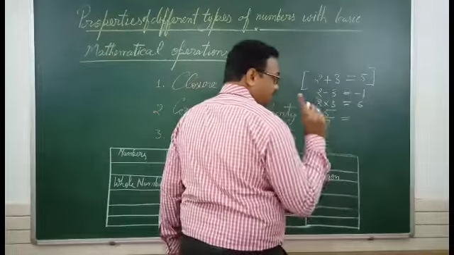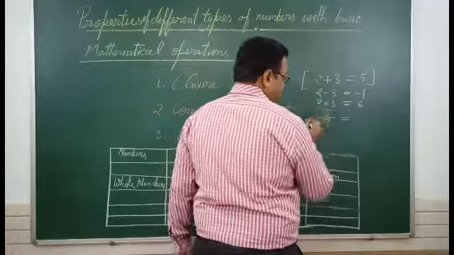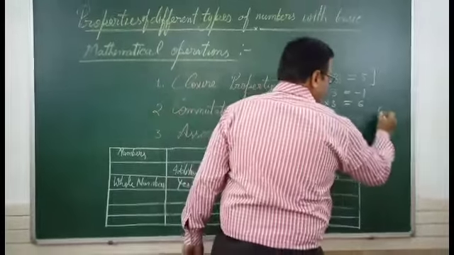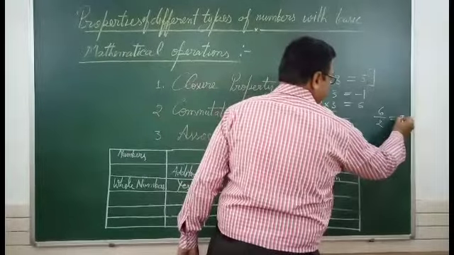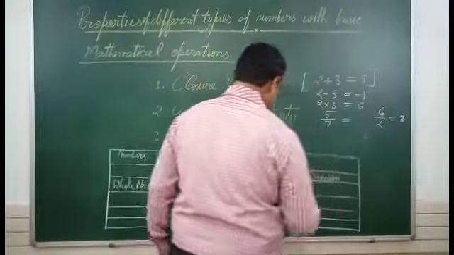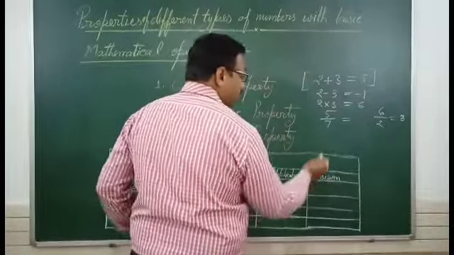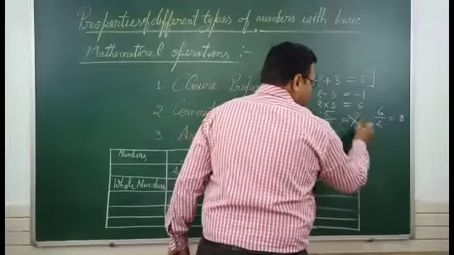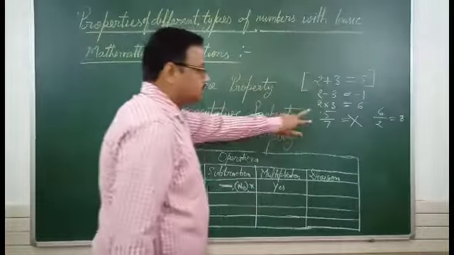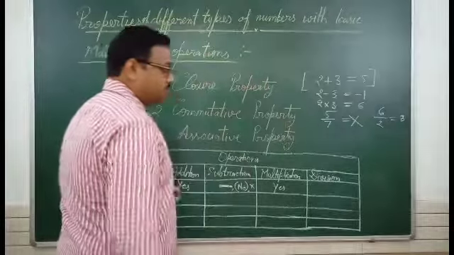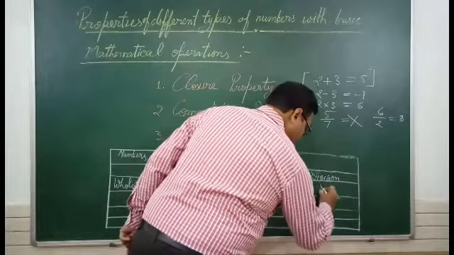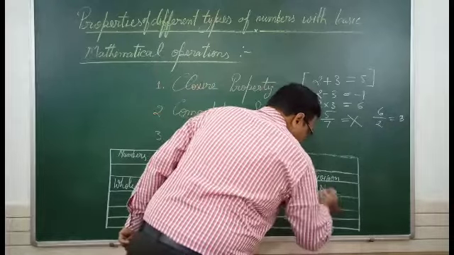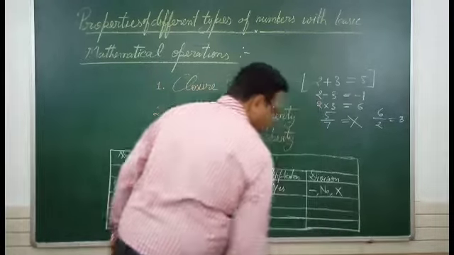Always, I am saying always not closed. Suppose if you are taking 6 upon 2, then it will be 3. So in this case, it is closed, but in the other case, it is not closed. This is a rational number, which is not a whole number. So here you will write no, you can leave it, or you can put a cross.